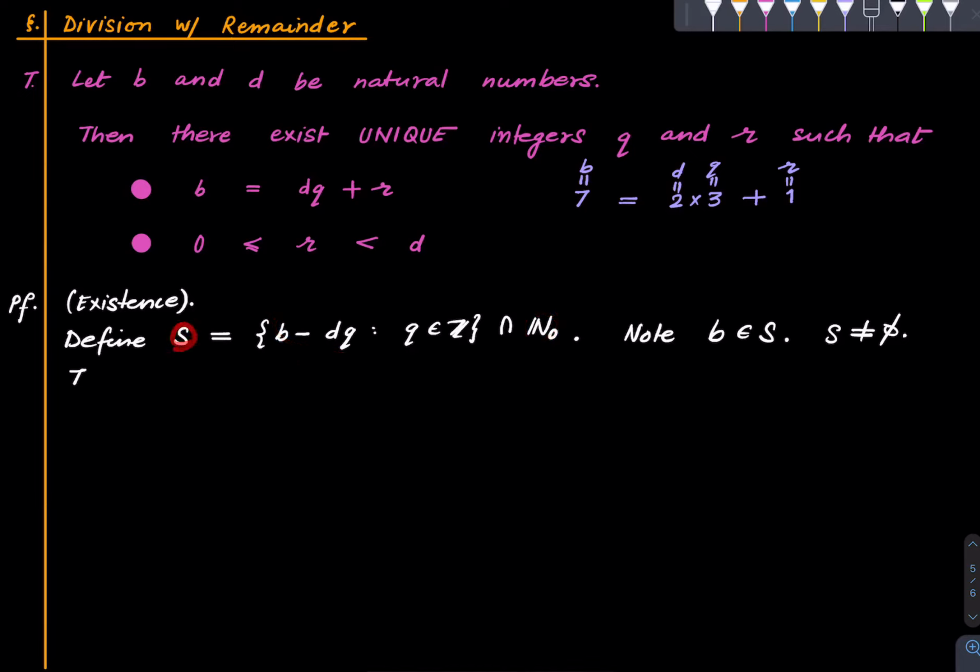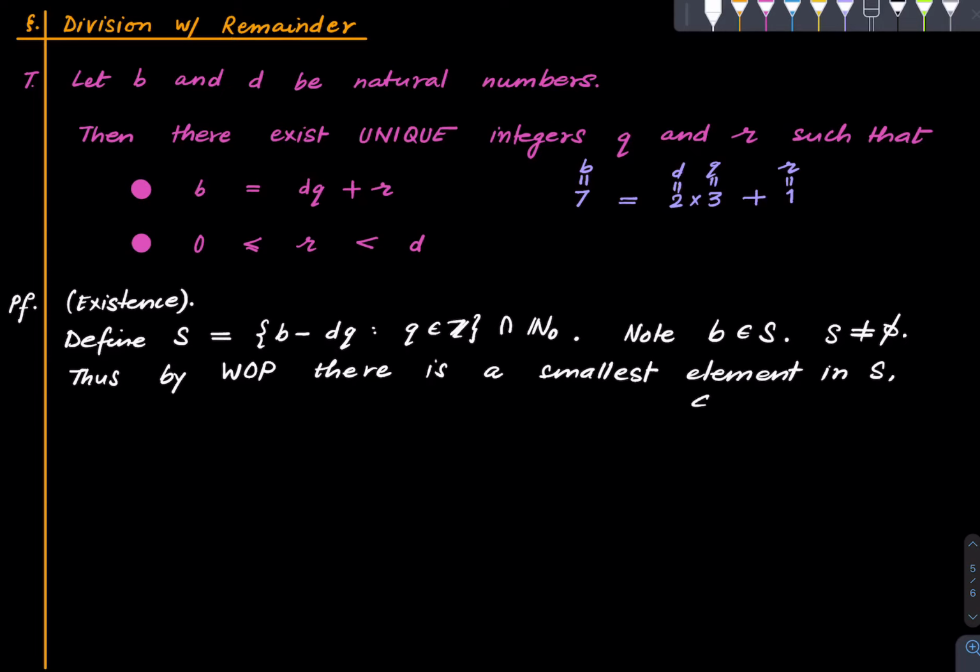So S is a non-empty subset of the set of whole numbers, and thus by the well-ordering principle, WOP stands for well-ordering principle, there is a smallest element in S, call it R.